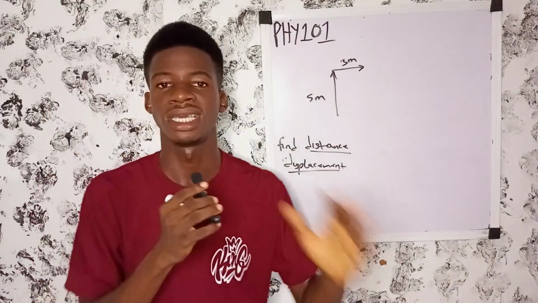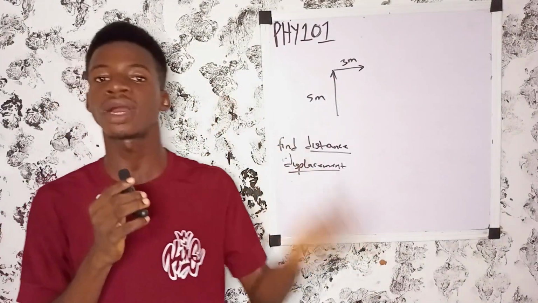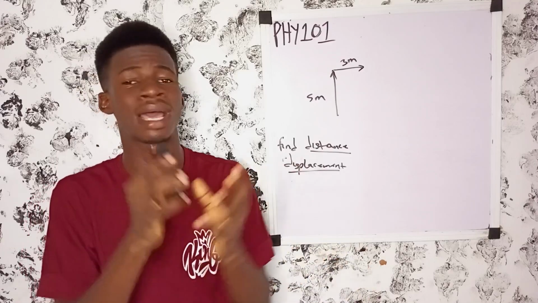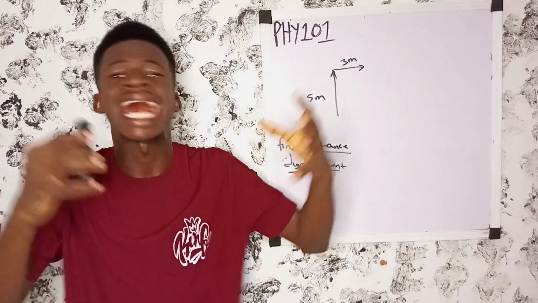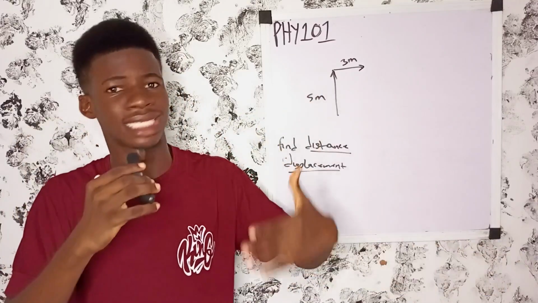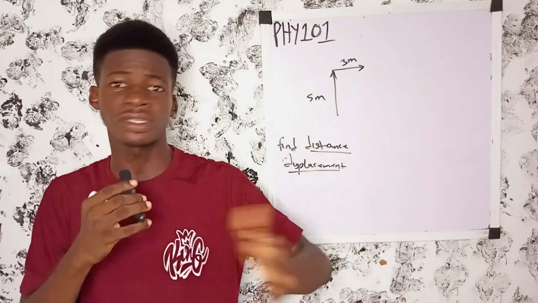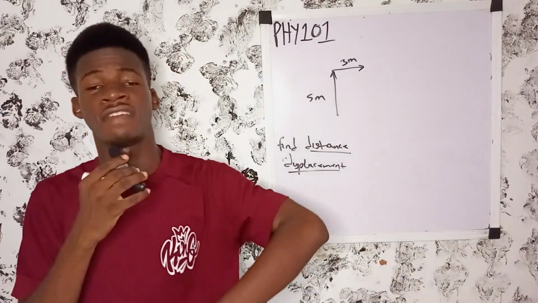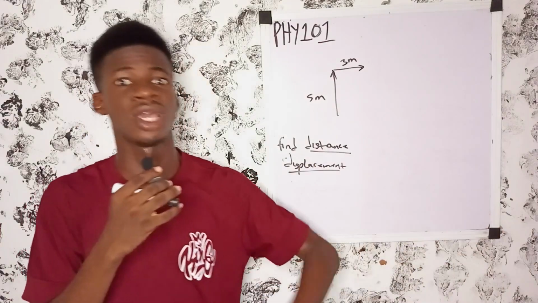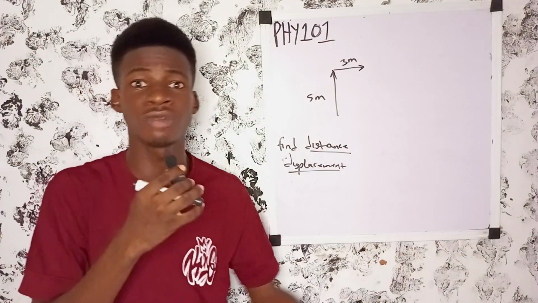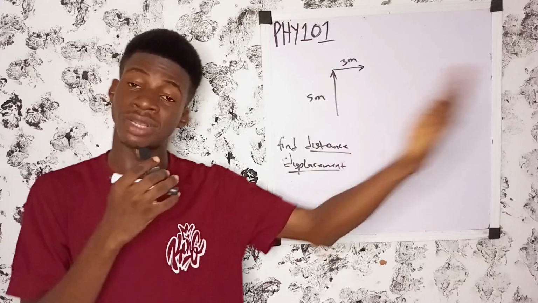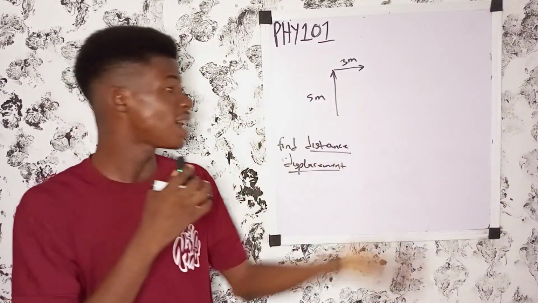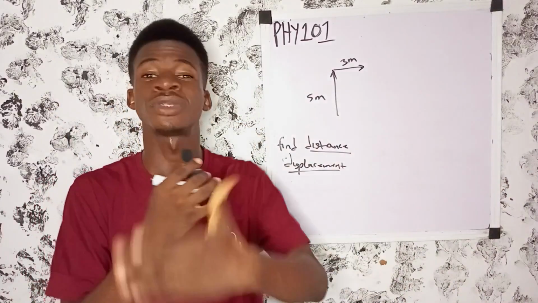Take note that scalar quantities are calculated by simple addition. Just add them, finish. Whereas for vector quantities, I taught you how to add them: we have the vectorial method, the parallelogram method, and even the Pythagoras method, which applies when they are at right angles to each other. We also have resolution of vectors.